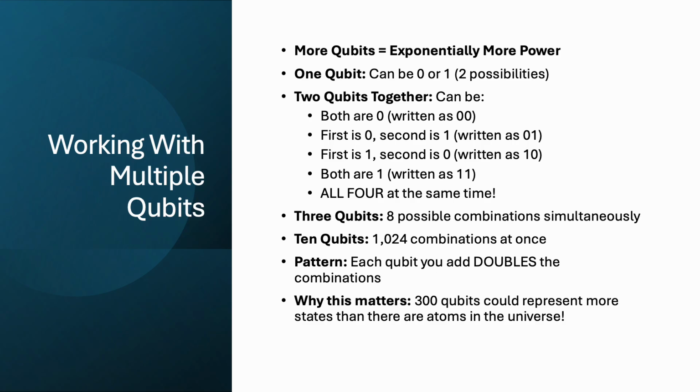The pattern is clear. N qubits can represent 2 to the power n states. This exponential growth is astonishing.